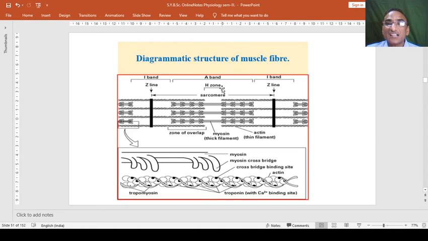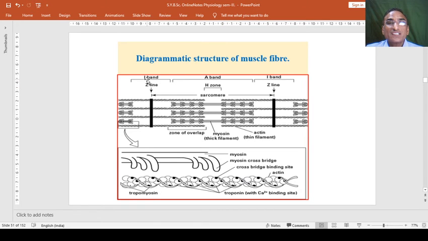These bands alternately contract and relax, and therefore the activity of elasticity in muscles is carried out. Whenever we move our fingers or hand from the elbow, this movement is facilitated by these different zones present on the myofilaments or myofibrils.